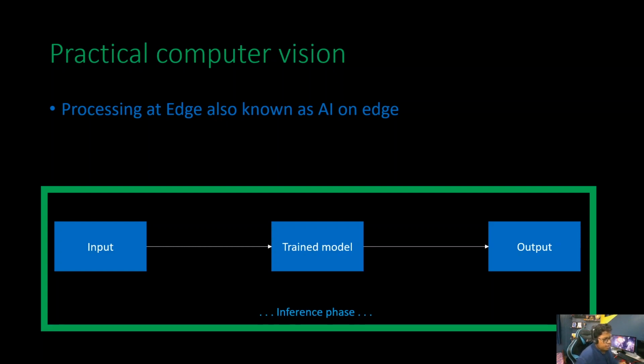If you think of a scenario of practical computer vision, we need to understand certain factors. When you're deploying a practical computer vision application, it is not always possible to do the processing at the cloud level, and also it is not always possible to do the processing on high-end computational nodes.